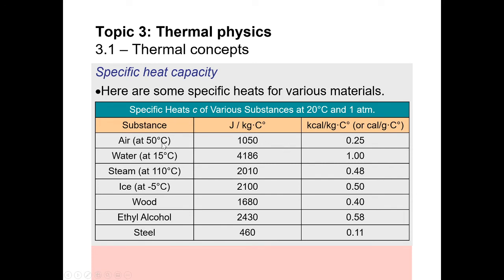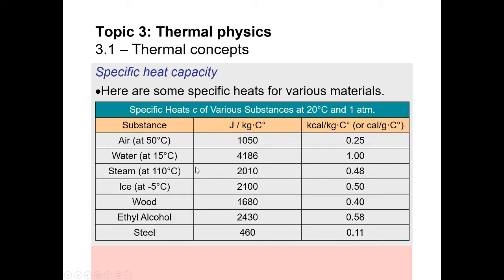Now let's look at the units here first of all. These are the specific heat capacities, joules per kilogram degree Celsius. So what this means is, for air, it takes 1,050 joules of energy to raise the temperature of 1 kilogram of air by 1 degree Celsius.